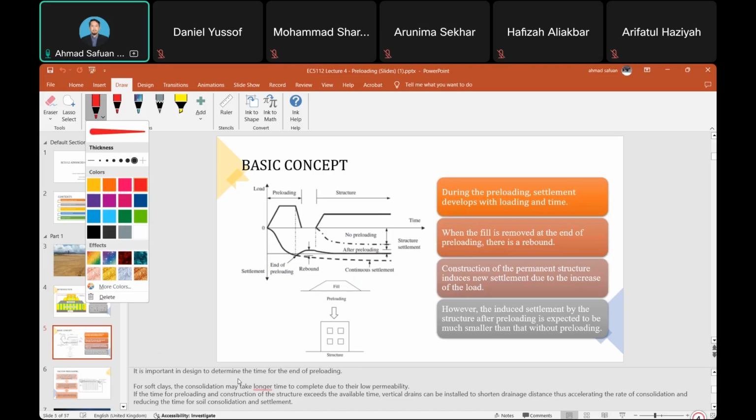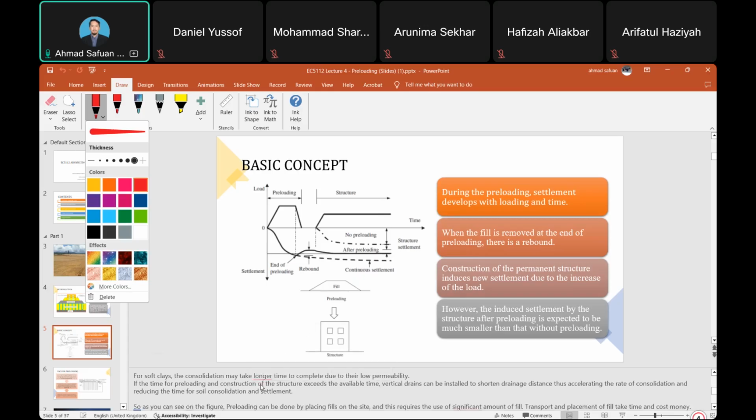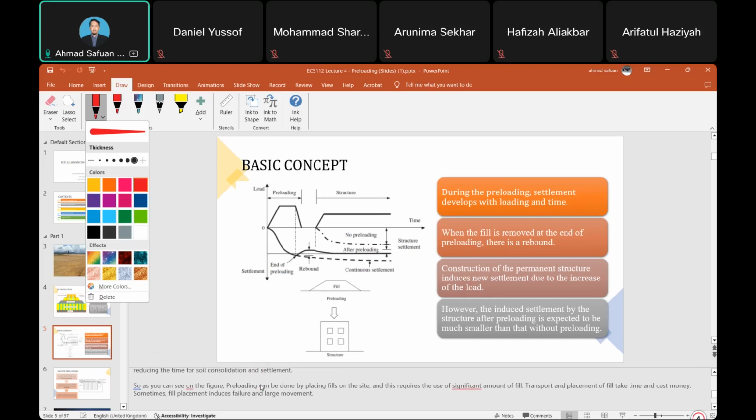So if the time for preloading and construction of the structure exceeds the available time, vertical drains can be installed to shorten the drainage distance, thus accelerating the rate of consolidation and reducing the time for soil consolidation and settlement. So we need to know how long the process will take.